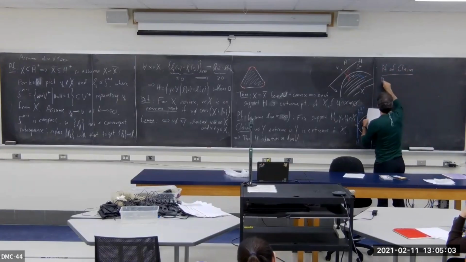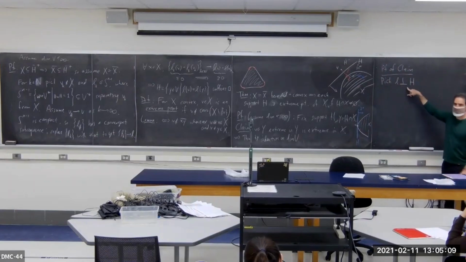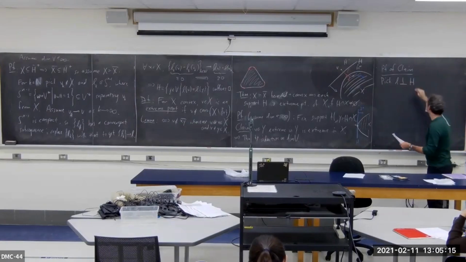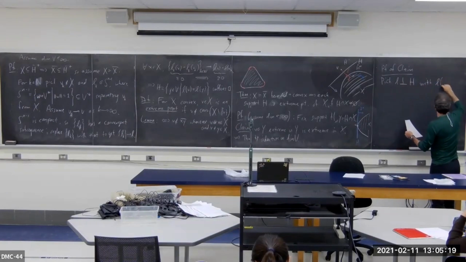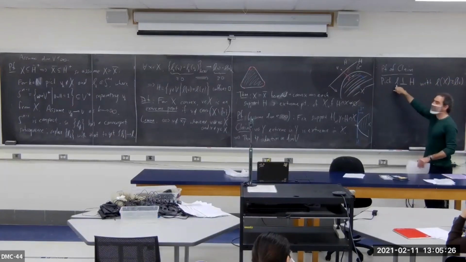So let's pick L orthogonal to H. Have I used an inner product for this? I'll end in a second. And I want L of X to be greater than or equal to L of V. This is a linear function.